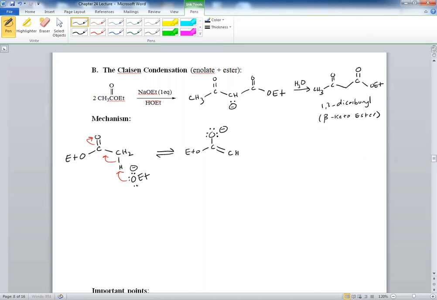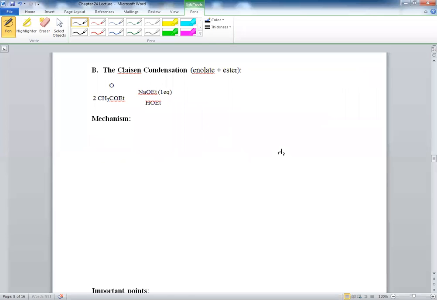And you have a CH2. All right, so we formed the enolate. It's in this form where we have a double bond. And now we bring the other ester compound.